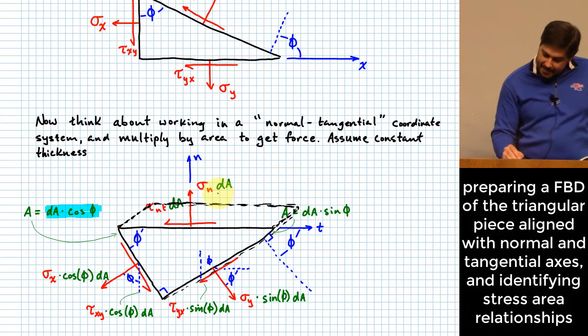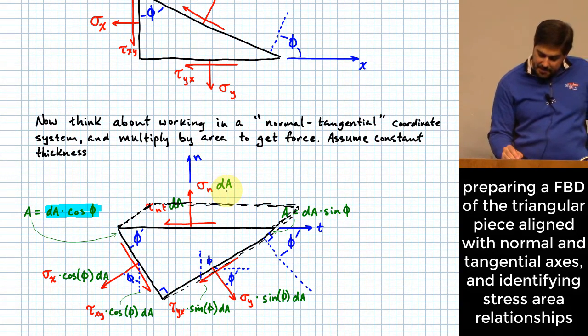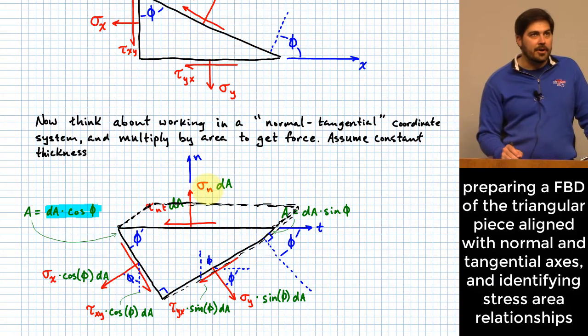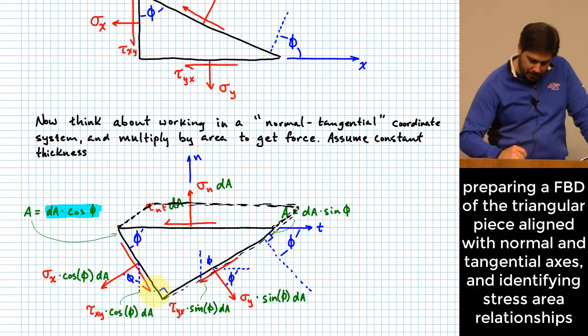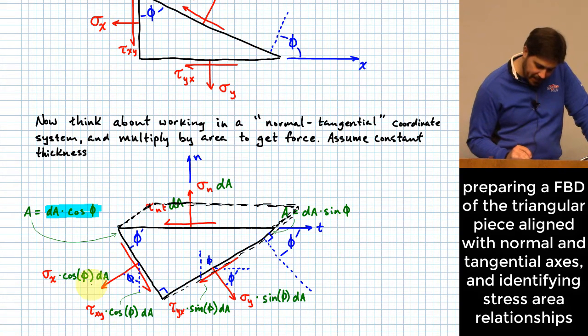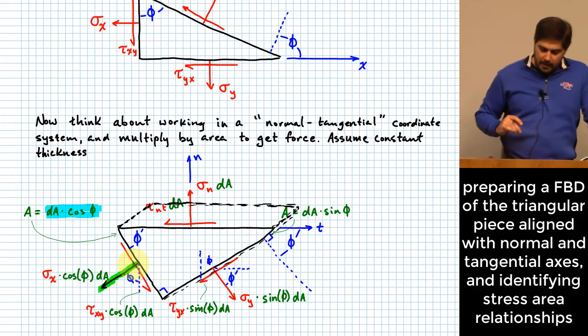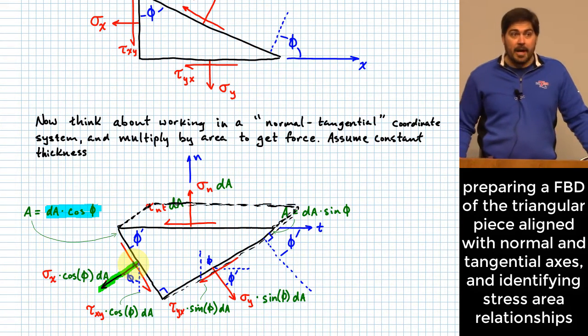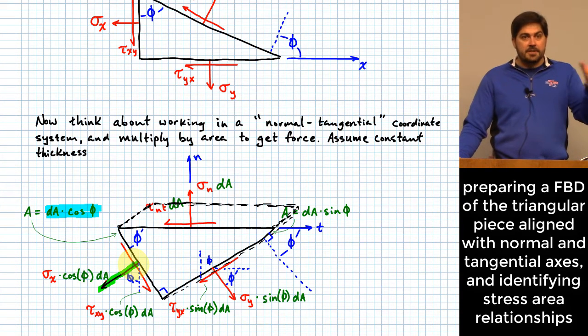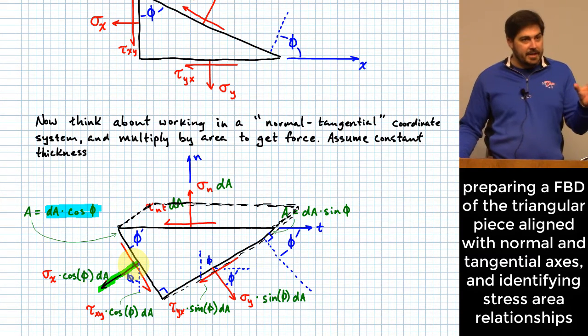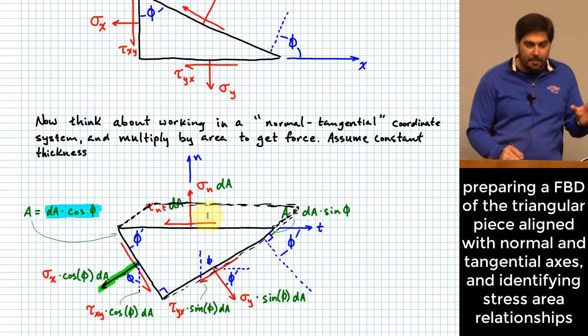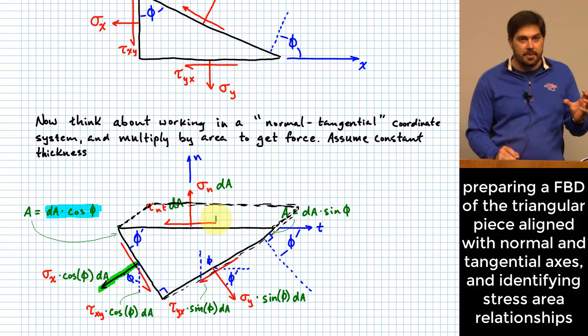But that dA actually relates to the amount of area where my other stresses are applied. For instance, over here where my sigma x was applied, right? This guy right over here was sigma x. It has an area that it's applied to as well, and the area it's applied to is related to the amount of area that I had up on the upper surface. Would you agree with that?